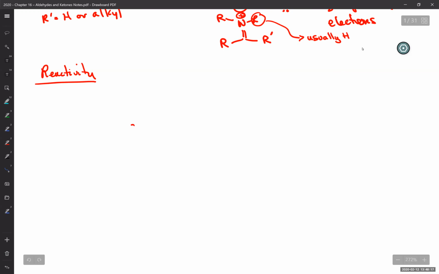We have a carbon with a double bonded oxygen on it, and you have R groups. And again, this is alkyl. Well, actually, let me draw two separate ones. I'll make it a methyl group. That's called a methyl ketone, but it's a ketone.